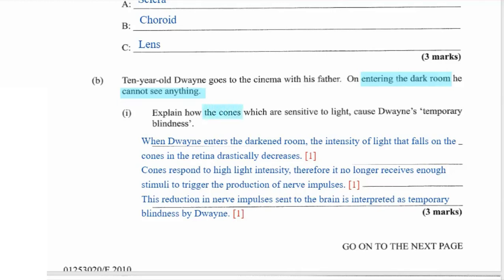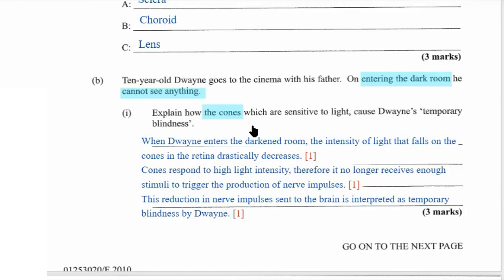Alright, when Dwayne enters the darkened room, the intensity falls, because he goes from normal to high light intensity to a dark room. So therefore the amount of light that's going to fall on the cones is going to decrease. And remember, the cones respond to high light intensity.